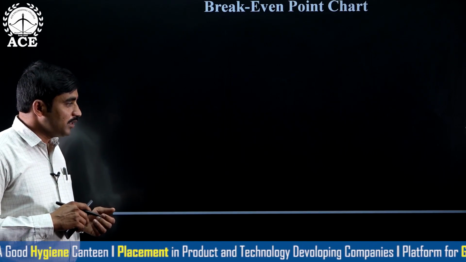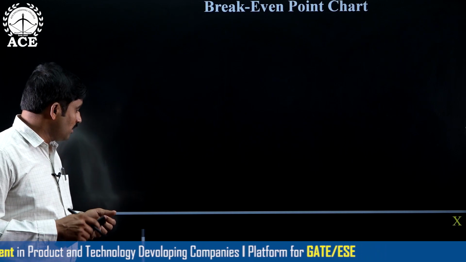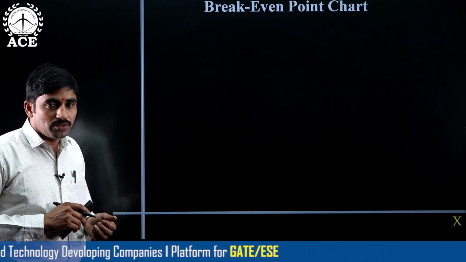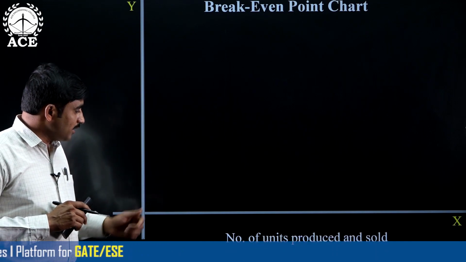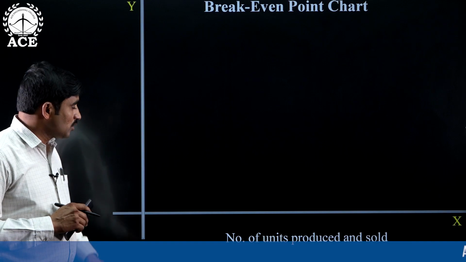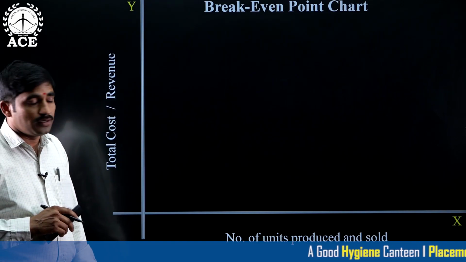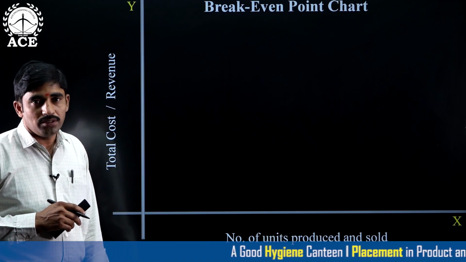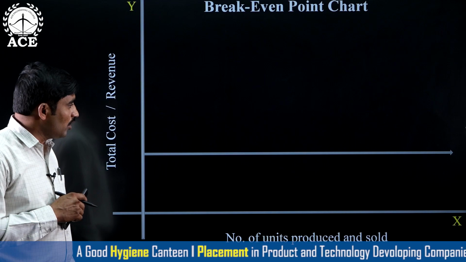The horizontal axis that we are using here is called the x-axis, and the vertical line is called the y-axis. On the x-axis we will take the number of units produced and sold in the market during that period, and the y-axis reveals the total cost of production or the total revenue generated by the business.